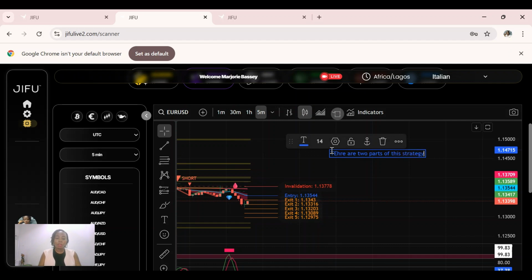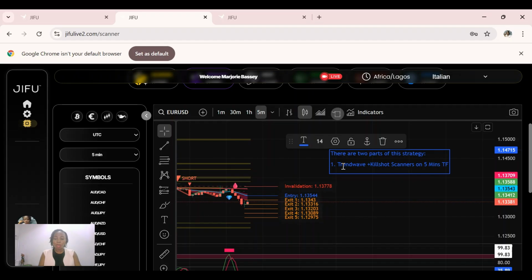The first one is trend wave plus kill shot scanners on 5 minutes time frame. TF is time frame.